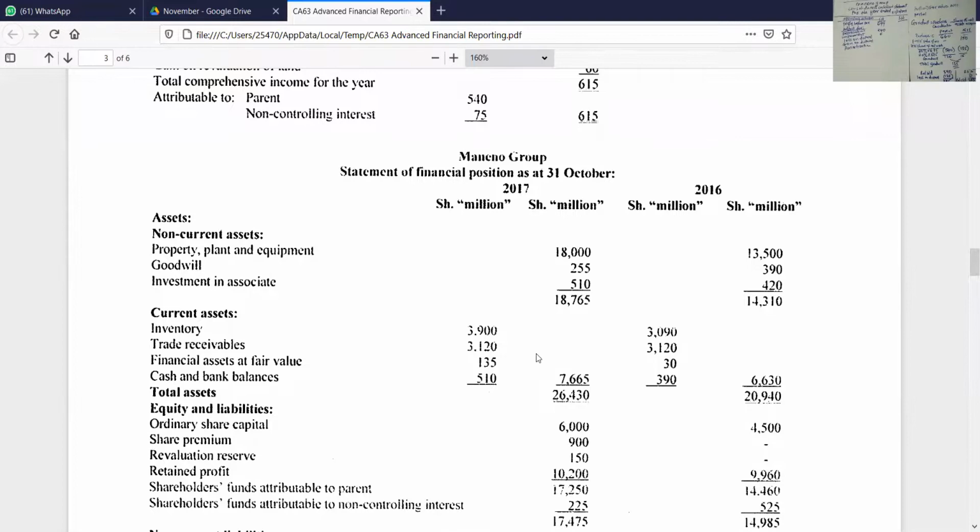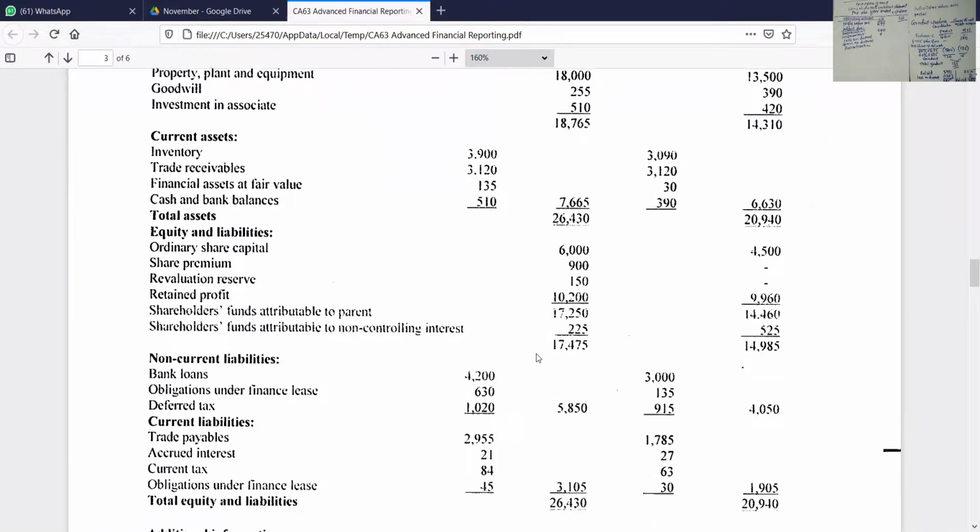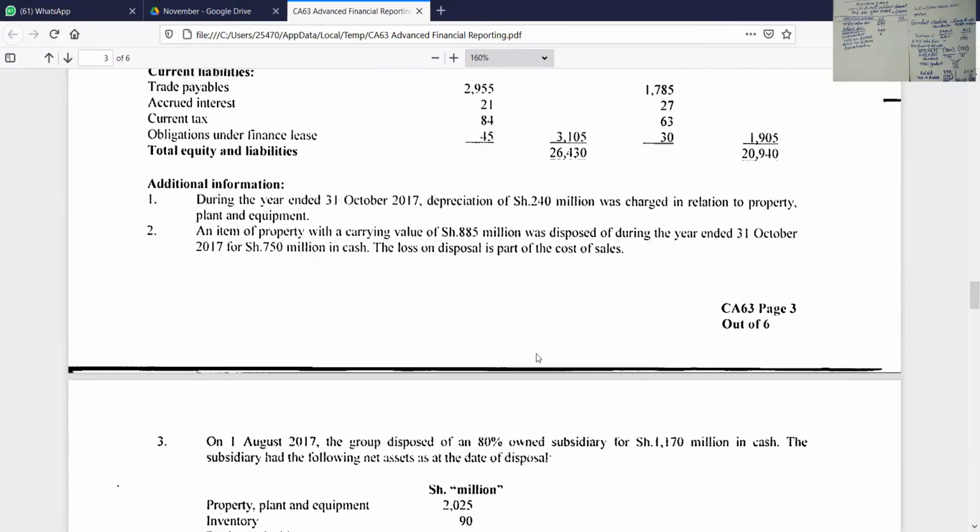Under this additional information, note 2, we are told an item of property with a carrying value of 885 was disposed of during the year ended 31st October 2017 for 750. So there was a loss: 885, then it was disposed at 750.